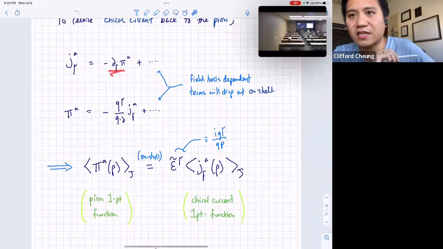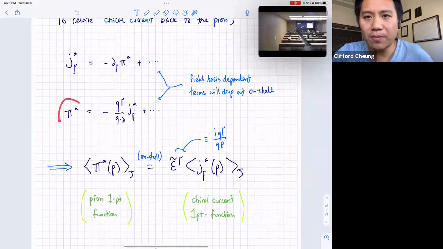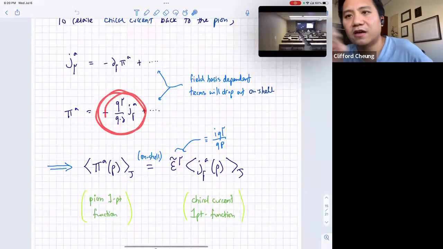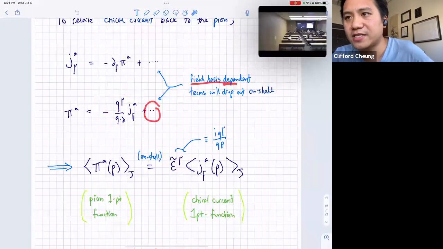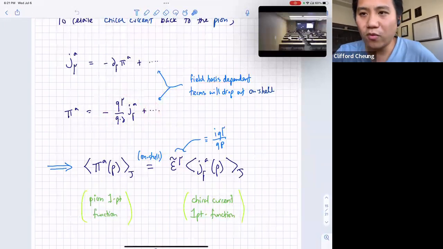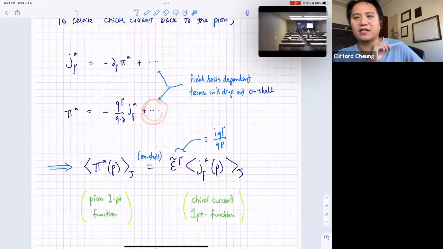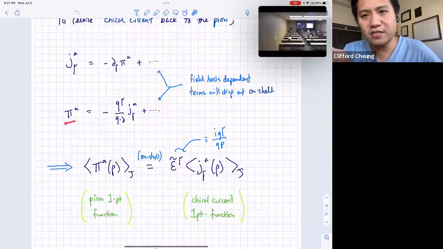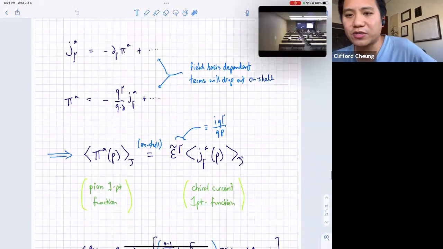They're related by this connection up to terms which are field basis dependent. So in other words, I can write the pion as the chiral current plus corrections that are field basis dependent. Now you might wonder, oh no, this junk is going to come back to kill us and will depend on field basis. But as long as we compute on-shell quantities, all the stuff will go away. And in fact, that's precisely what we do.